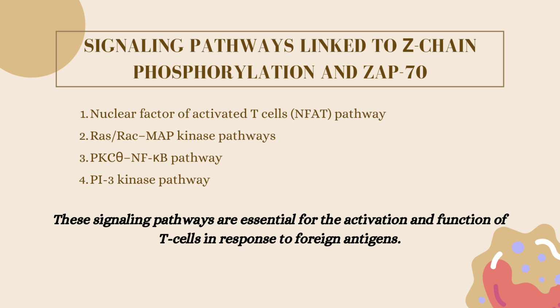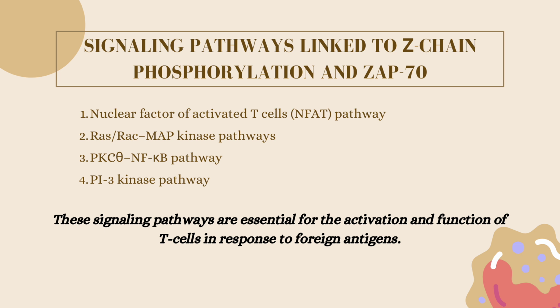These are the calcium nuclear factor of activated T cells or NFAT pathway, the RAS and RAC MAP kinase pathways, the PKC theta NF kappa B pathway, and the PI3 kinase pathway.